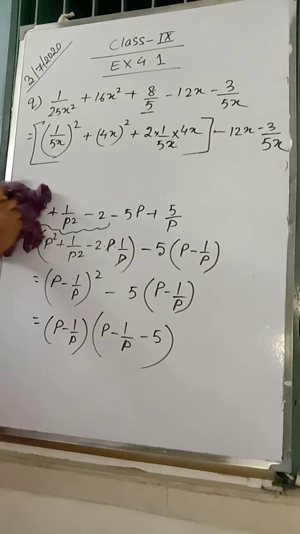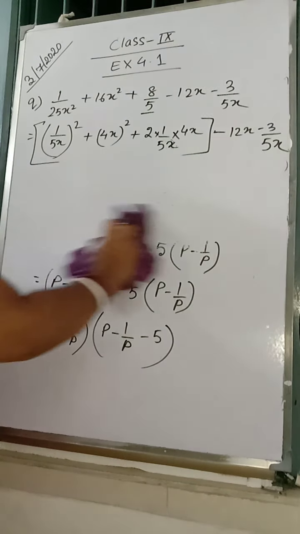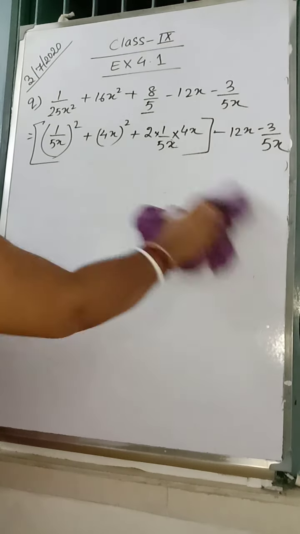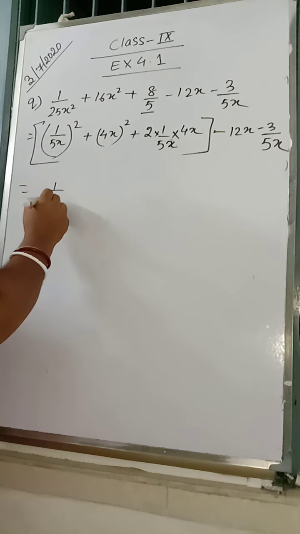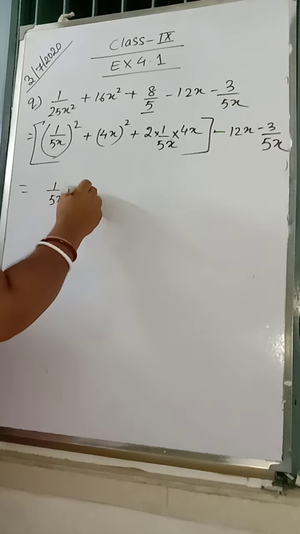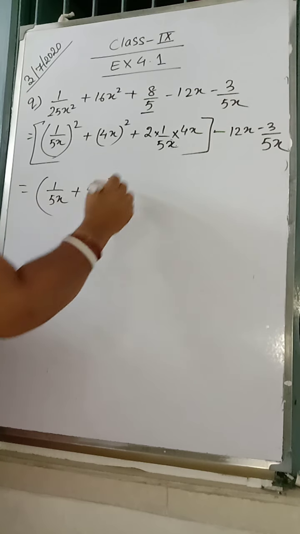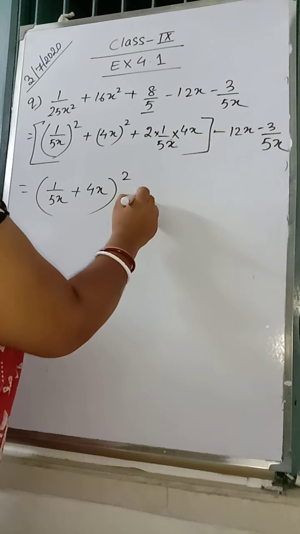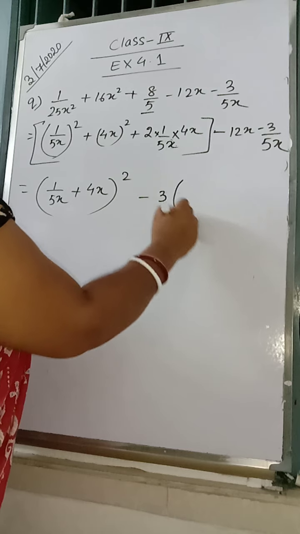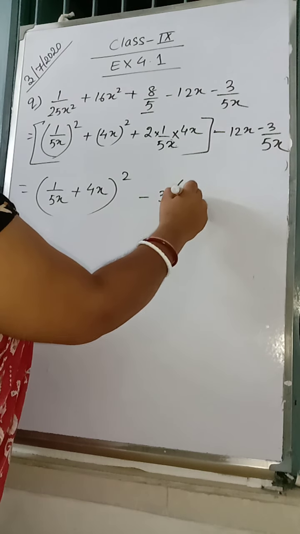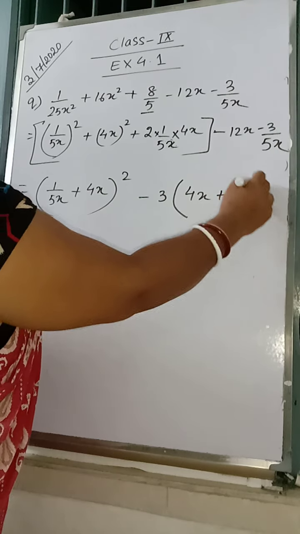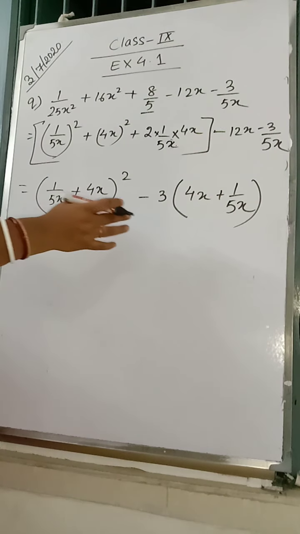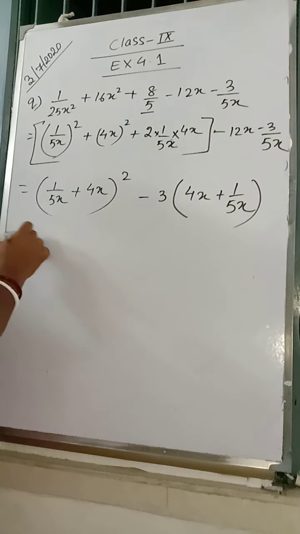Now this gives you a square plus b square plus 2ab. Whose expansion is this? This is the expansion of a plus b whole square. Now here I am taking minus 3 common, so I am left with 4x plus 1 by 5x. 1 by 5x plus 4x or 4x plus 1 by 5x is the same.